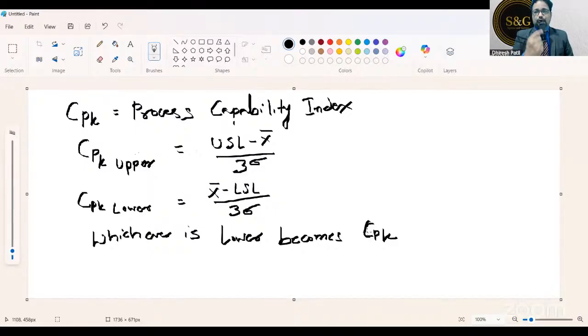Now let's do this application practically. Just give me yes in the chat box. Have you taken the screenshot or noted down the formula? Just give me yes. Super.